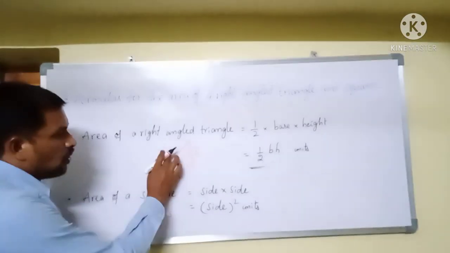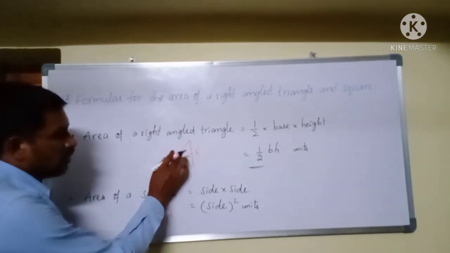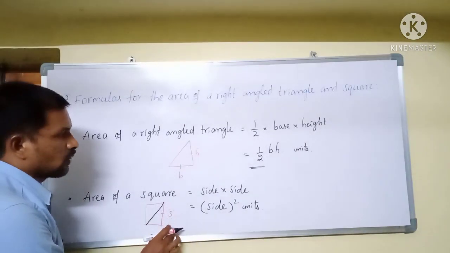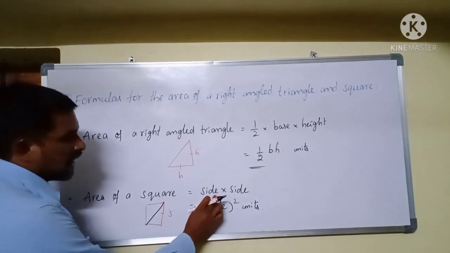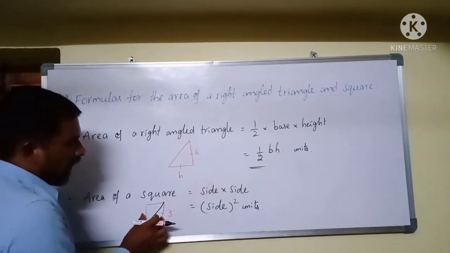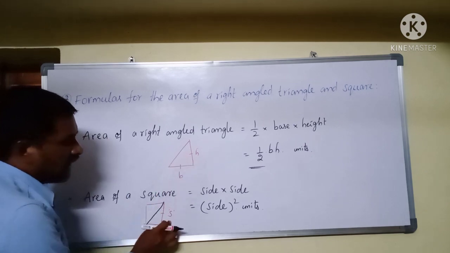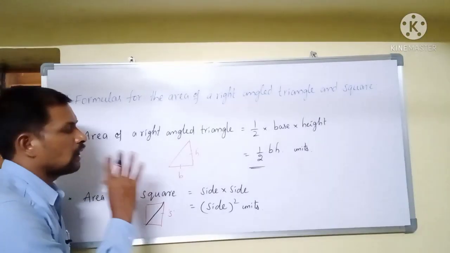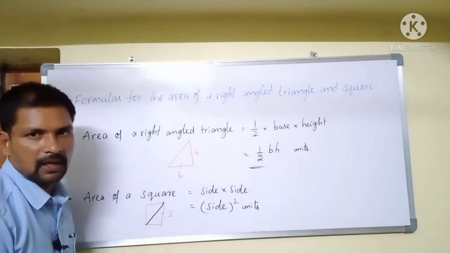So two right angle triangles are equal to one square. Here side into side, base into height, so a right angle triangle is half of the square. That is what you should remember very carefully.